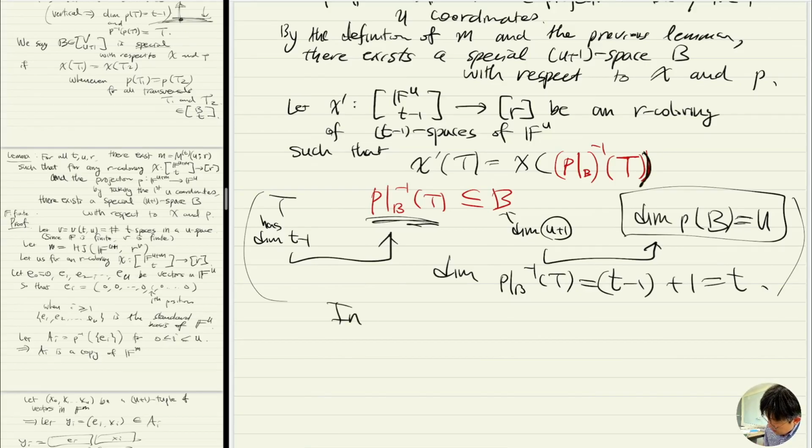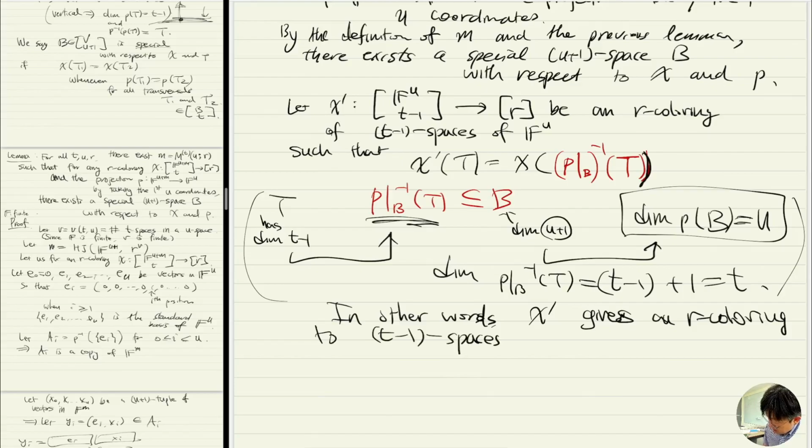So in other words, chi prime gives an R coloring to T minus 1 spaces of F^U, from the color of a vertical T space.